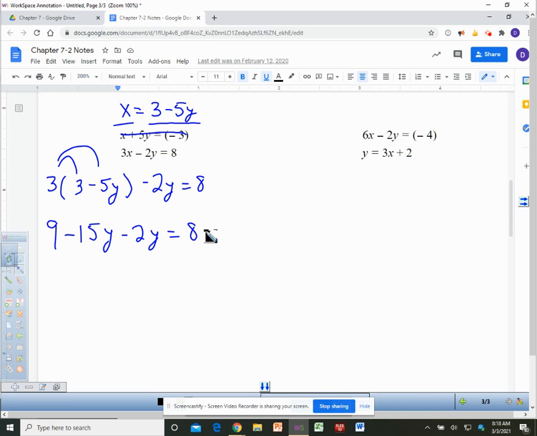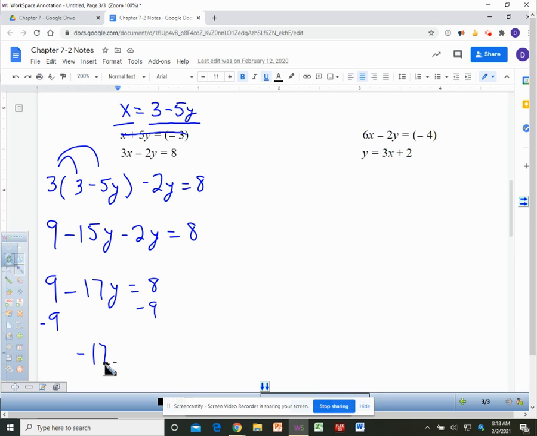Are there any y's I can combine together? Yes. So I take negative 15 and negative 2 gives me negative 17y equals 8. Okay, then how do I get rid of a 9? Minus 9.